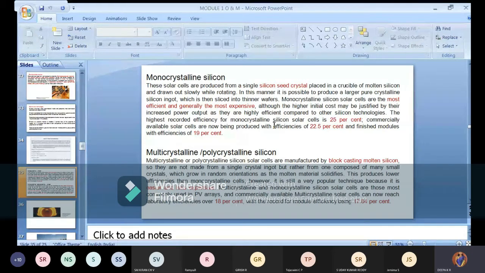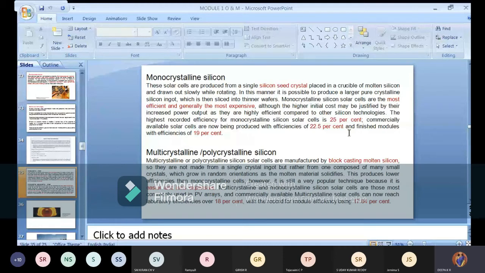But we always think, it is more expensive, is it necessary to go for it, or can something else be selected? But when you consider monocrystalline, it is more efficient, more expensive, and has increased power output compared to other silicon technologies. And the highest efficiency recorded for monocrystalline is 25%.